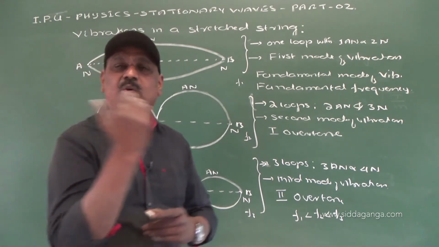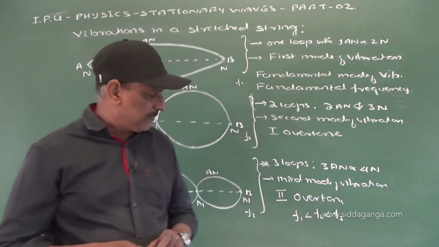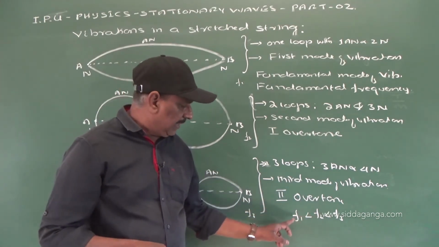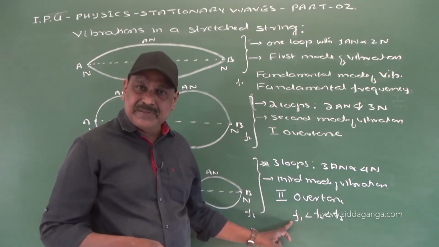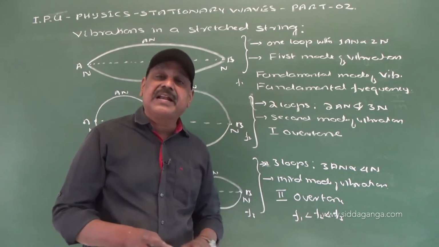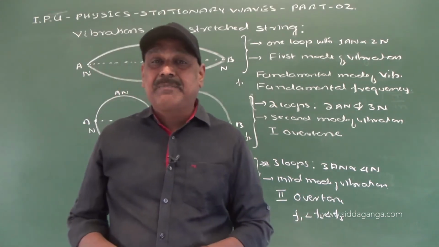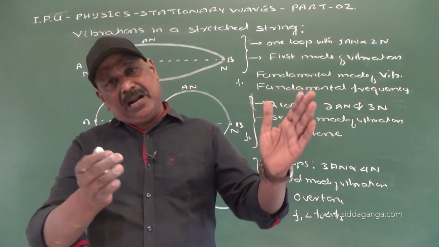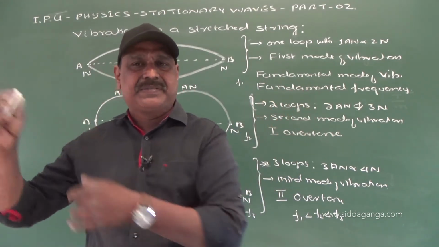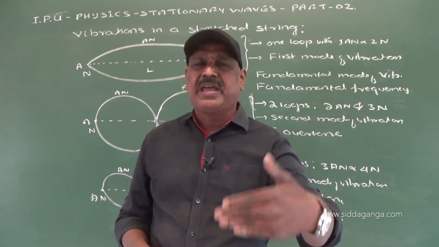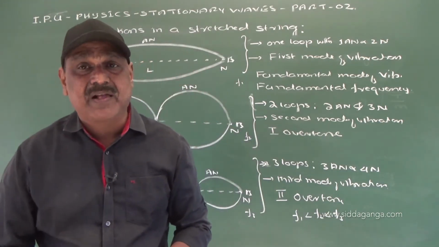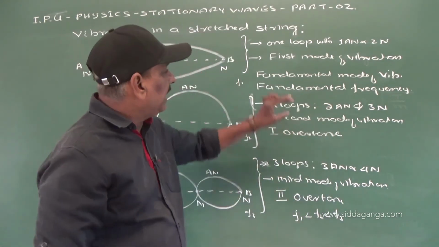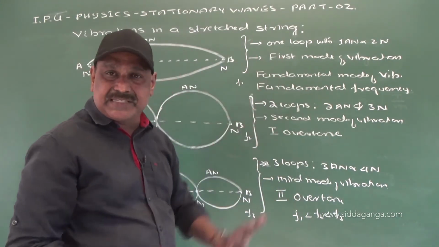Now, what is an overtone? See, here F2 is greater than F1. Also, F3 is greater than F1. That means those frequencies F2, F3, and of course F4, F5, F6, etc., when 4, 5, 6 loops are formed, are higher than the fundamental frequency.